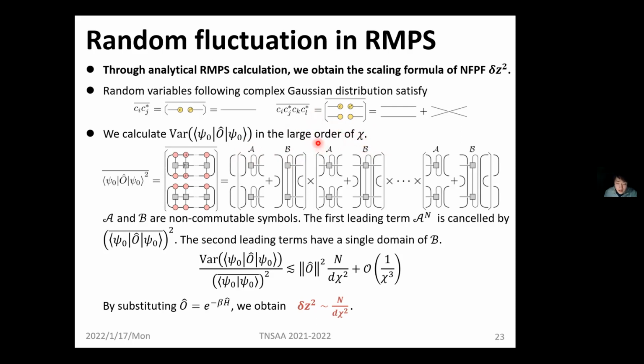For example, these lines in A and A form two circles, and they become chi square. On the other hand, when we connect A and B, only chi appears. For example, these lines in B and A form single circles, and it becomes chi.